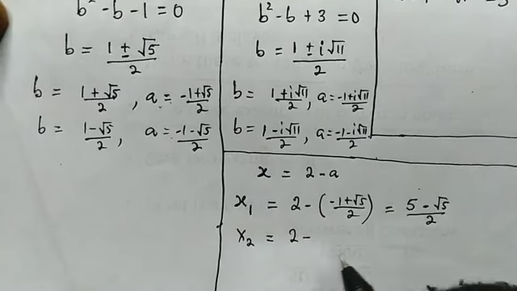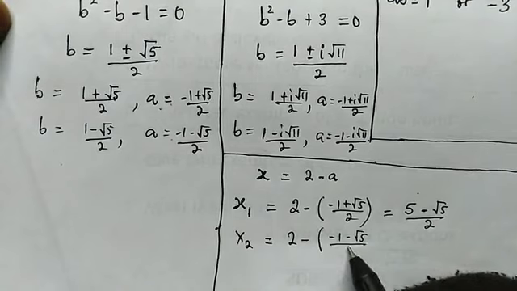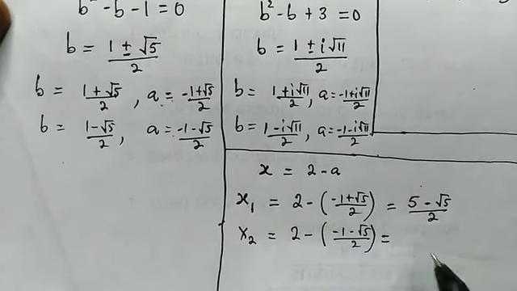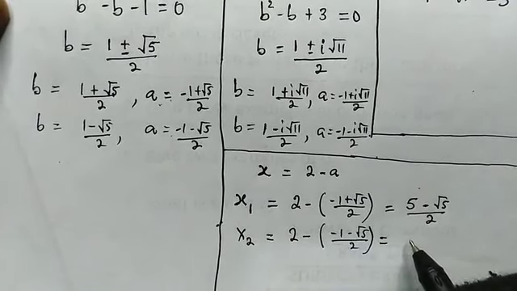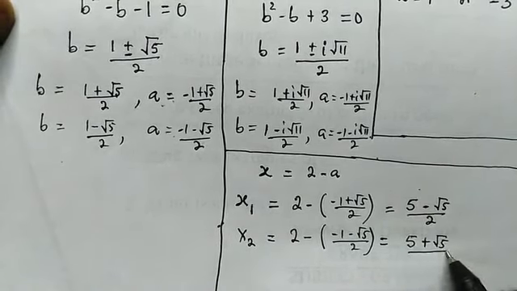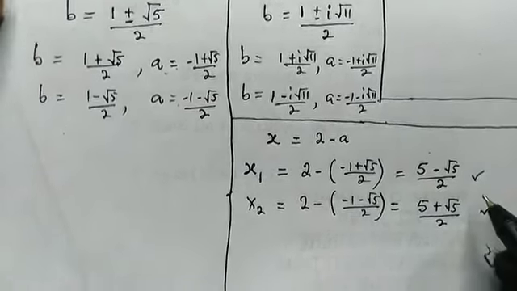So this will be 2 minus here, negative 1 minus root of 5 divided by 2. That is the second value for a here. So this will give us another real solution. That is 5 plus root of 5 divided by 2. So we have these two real solutions.